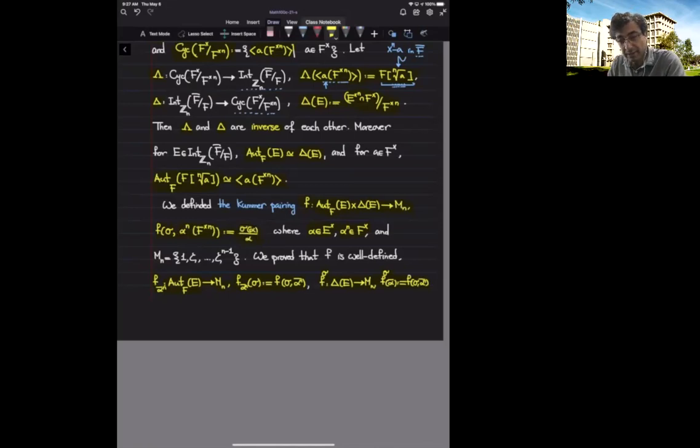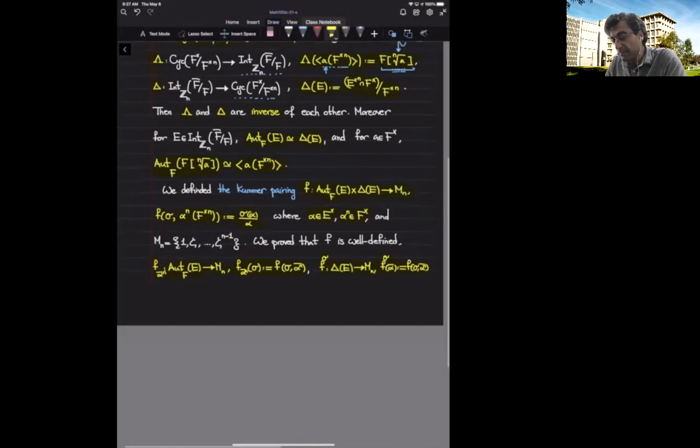The other issue that I have to address is why sigma alpha over alpha belongs to the codomain, which means why is it a power of zeta? Again, we have addressed these issues in the previous lecture, and we showed that the Kummer pairing is indeed a well-defined function.